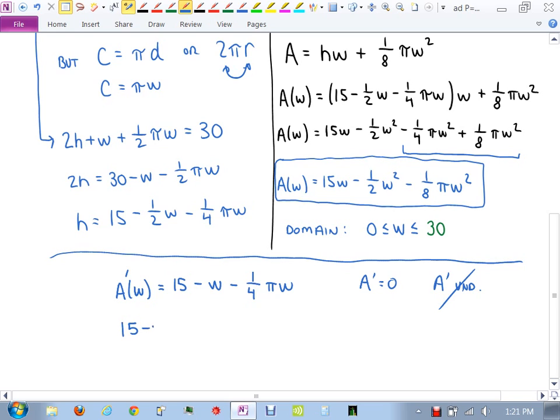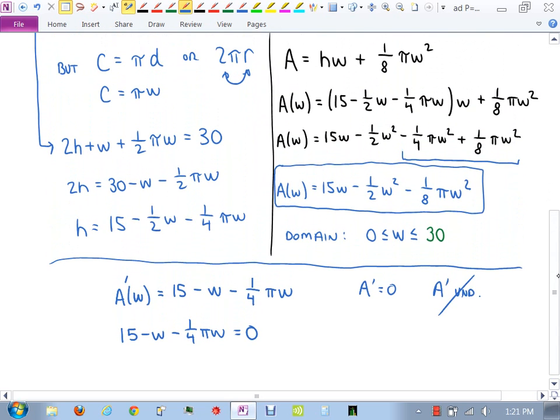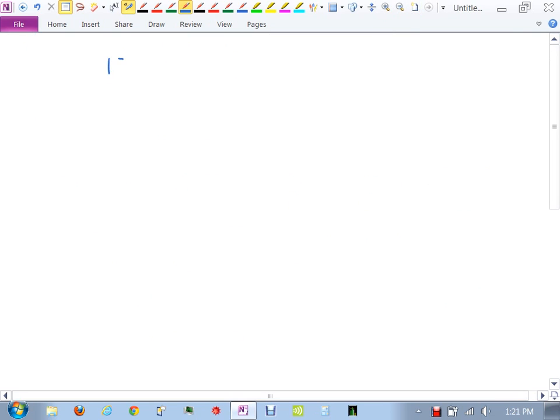So let me do that. Oh, I'm out of room. Okay, I need to start a new page. Everyone have that? Here we go. 15 minus w minus 1/4 pi w equals 0.